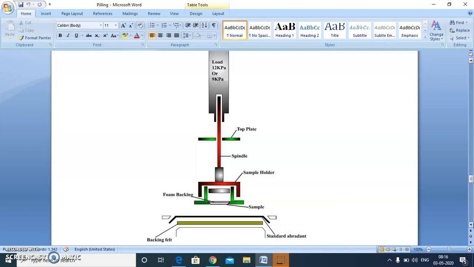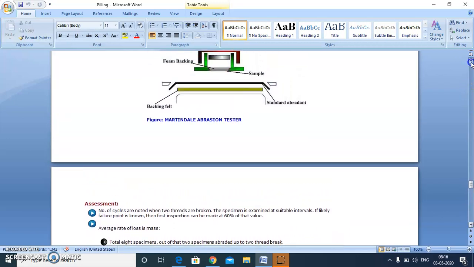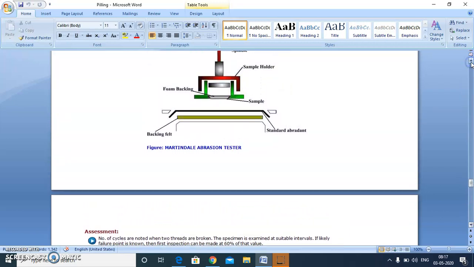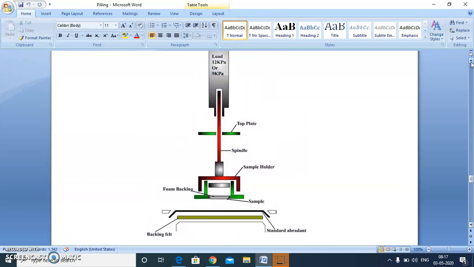The green one is the sample holder, in which a circular sample of the fabric is being held, and standard abradant is down here, shown in the black color. So we just mount the circular sample and abrade it for a given number of cycles or for a given time, and after that we take out the sample and grade it for pilling.